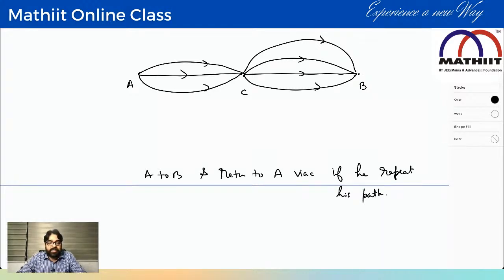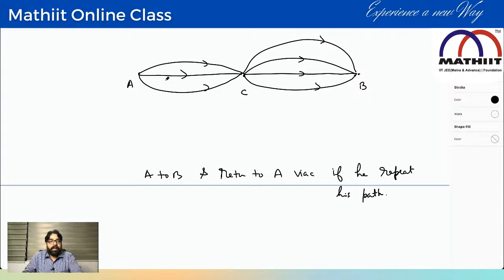If he repeats his path very fast: A to C, C to B, B to C, C to A. Okay. I guess it's clear to everybody.